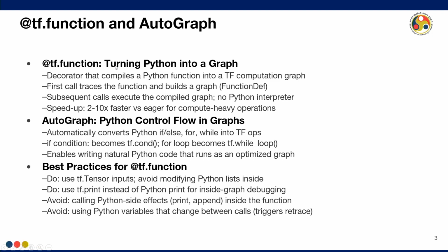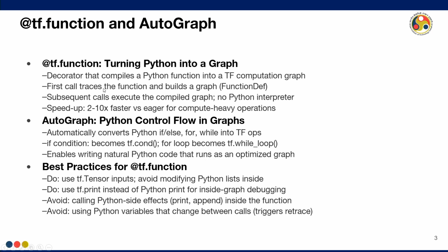The tf.function decorator compiles a Python function into a TensorFlow computation graph. The first call traces the function and builds the graph. When the function is encountered at the first call, it sees the decorator and builds the graph defined under the function definition.